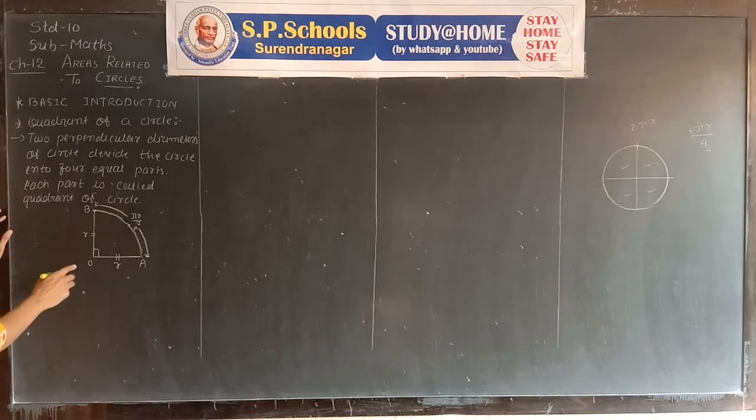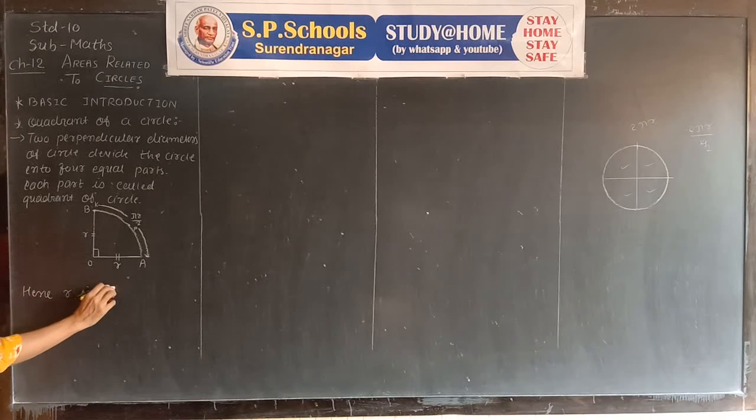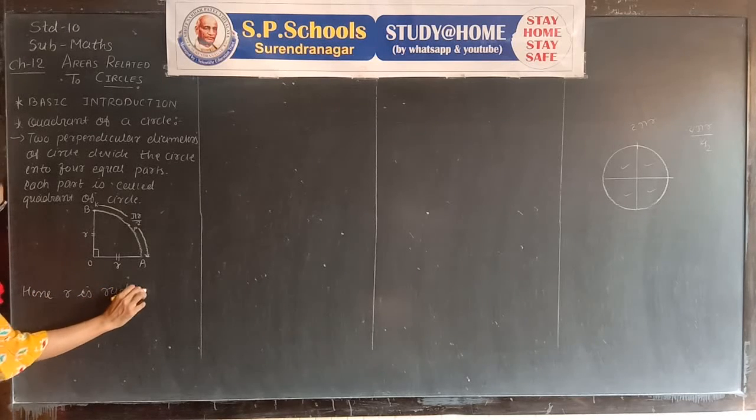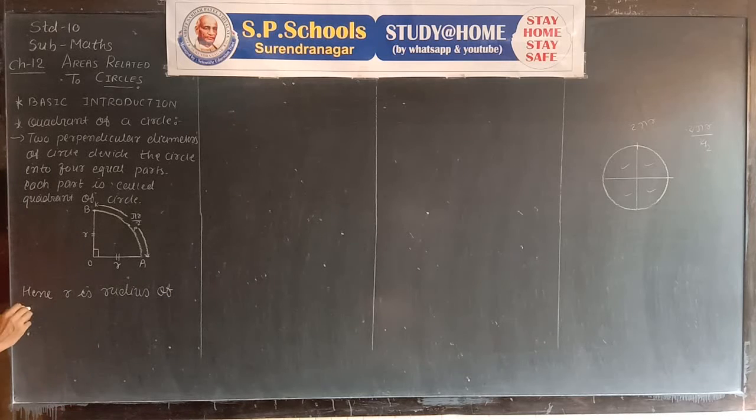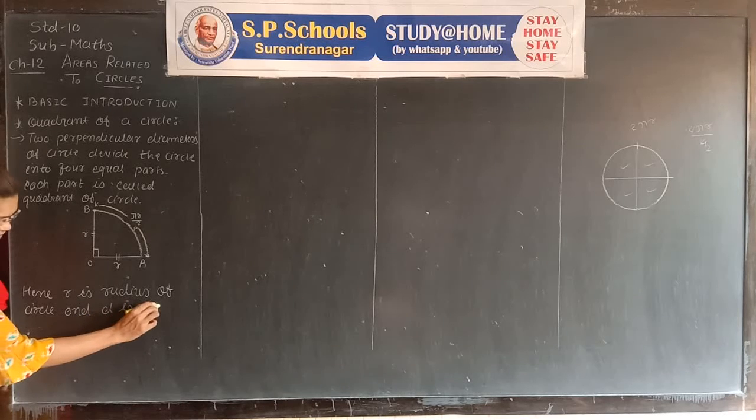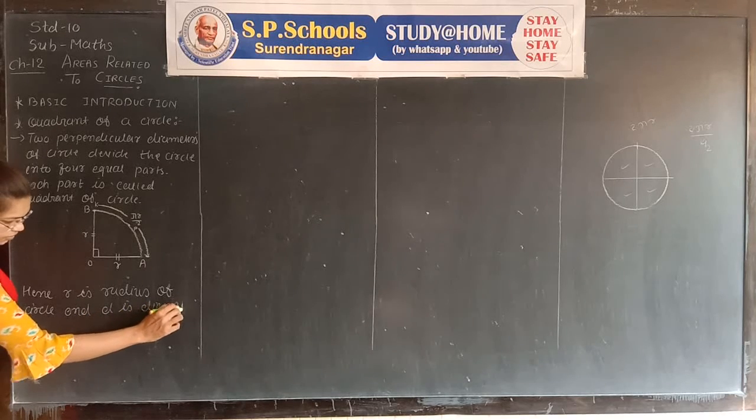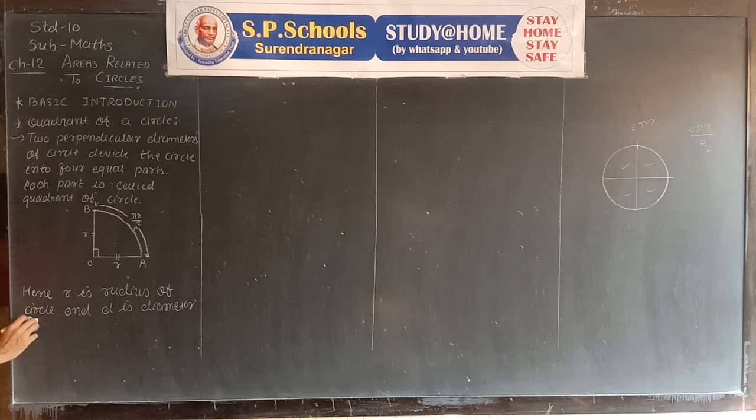First of all, it is a circle with radius r. Here r is the radius of the circle and d is the diameter of the circle.